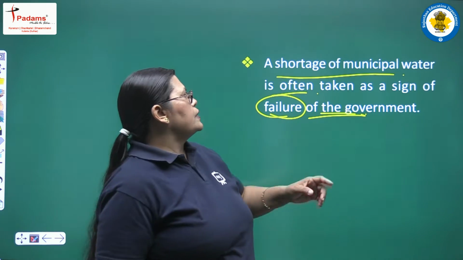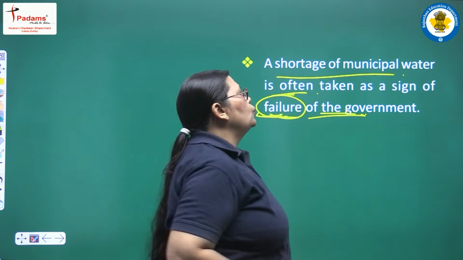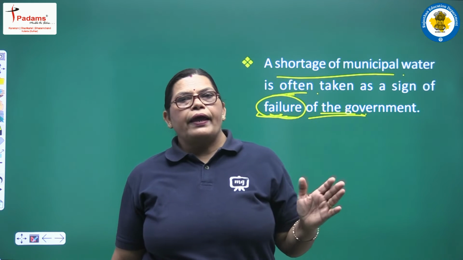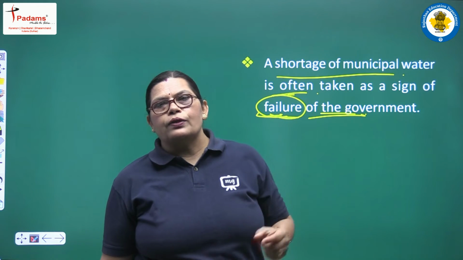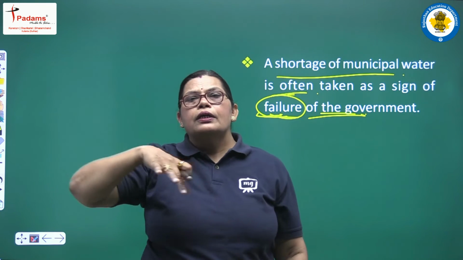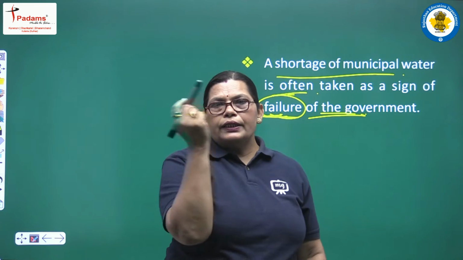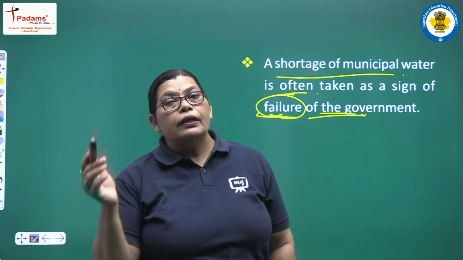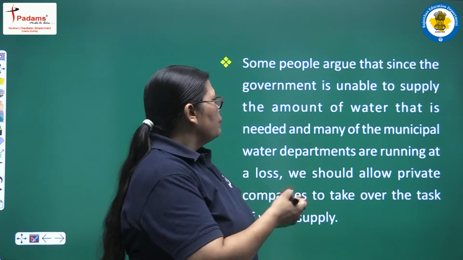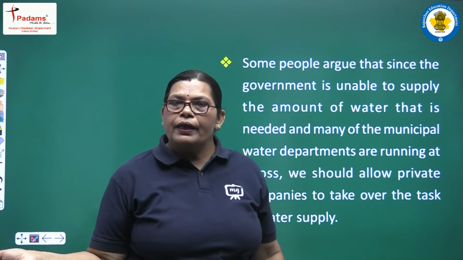The real condition is that municipal water has totally failed. The municipal board has totally failed in supplying the proper units, proper litres of water in a country, or in a state, or in one district. And when Chennai's condition is this, then what about the other states' conditions? Because lots of people in a country suffer, because lots of people live in slum areas.